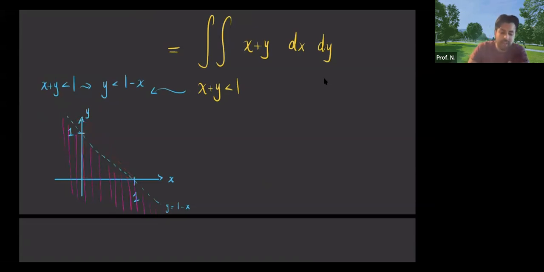If you understand that, the hard part is understanding the bounds. That's the hardest part again. Once we have the bounds, we're essentially done. We just integrate. Now this dx dy business, you can change it to dy dx as long as you keep the bounds correct.